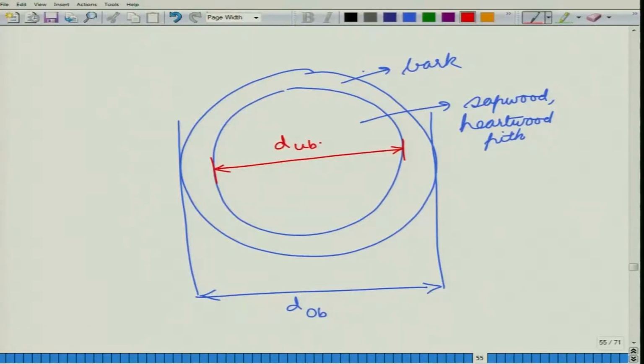In this case you could remove all the bark, and whatever remains, that consists of the sapwood, heartwood and pith, if you measured that diameter, it would give you the underbark diameter. From these two, we can also figure out the thickness of the bark. So, this is the bark thickness.